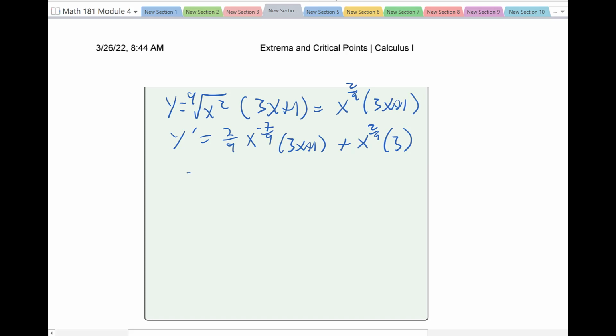Now out of this I can factor x to the negative 7/9. So if I factor x to the negative 7/9 out, I'm going to have 2/9 times 3x plus 1 plus, and get this, if I divide x to the 2/9 by x to the negative 7/9, you subtract the powers, so that becomes just x to the 1 power.